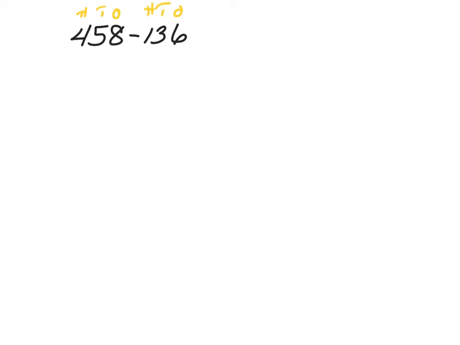So let's begin by subtracting the hundreds. So you'll notice that in the first number, there are 4 hundreds. We're going to subtract the 100 from the second number. 400 minus 100 gives us 300.